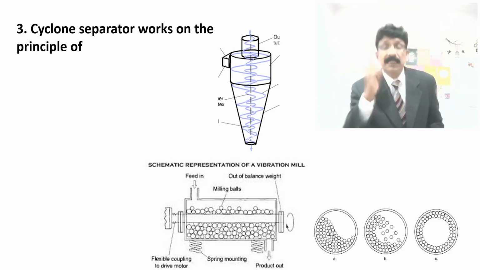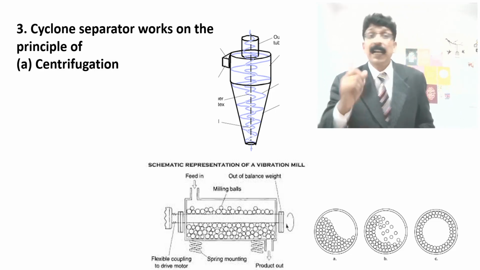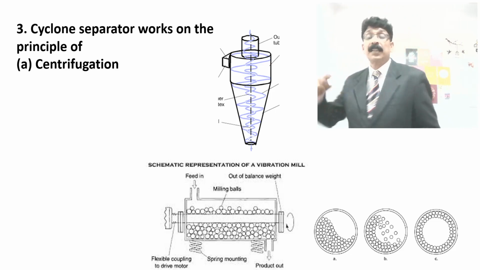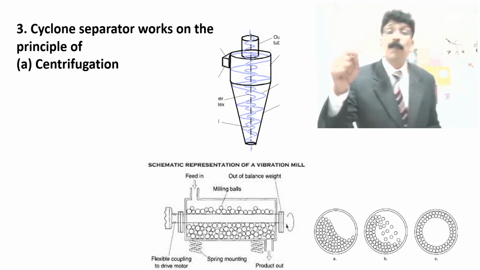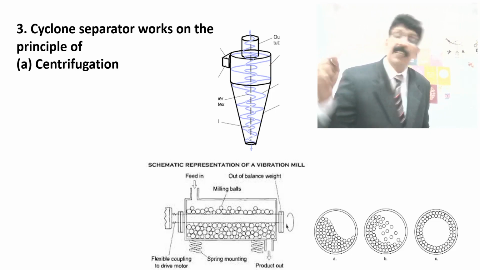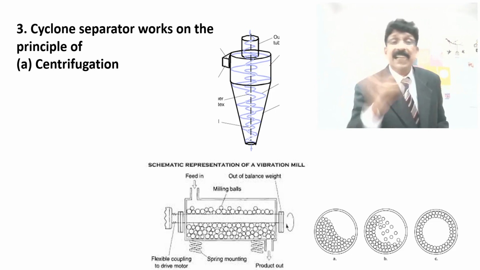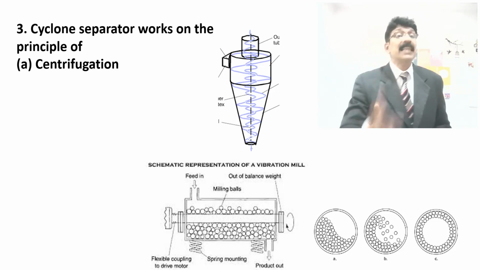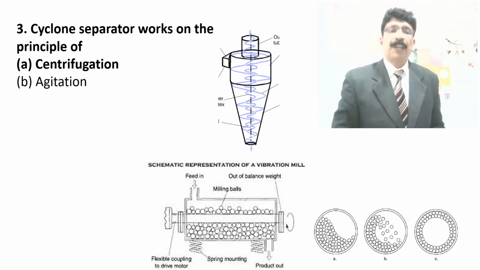What is the principle? It is centrifugation, because the turbulent air inlet enters and makes a cyclone. The word cyclone is given because it works on the principle of centrifugation.